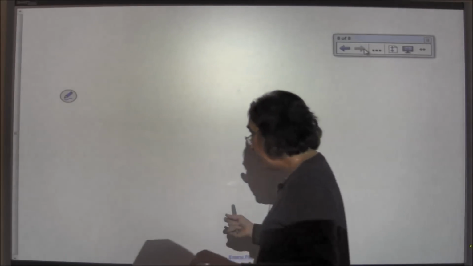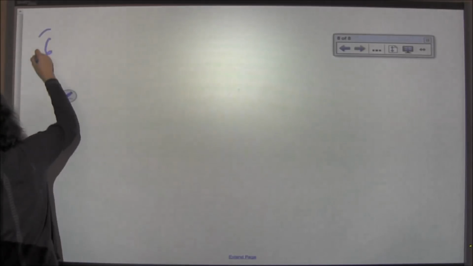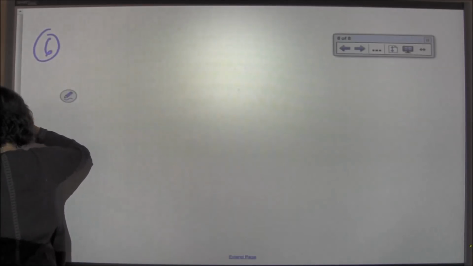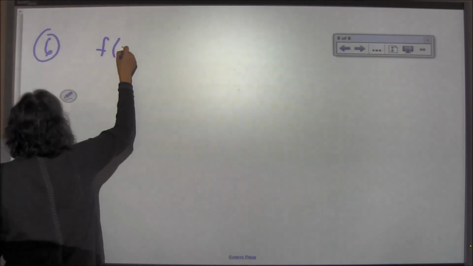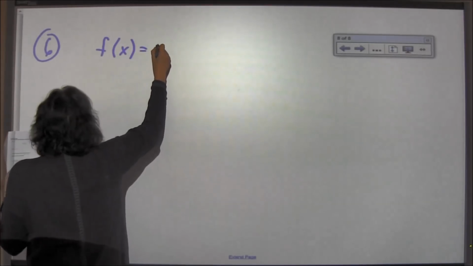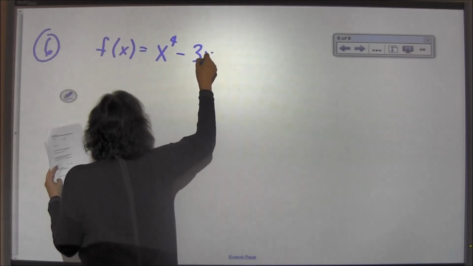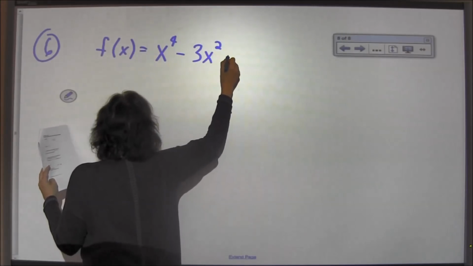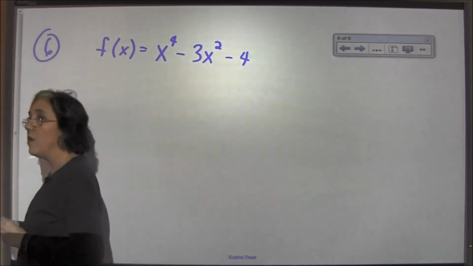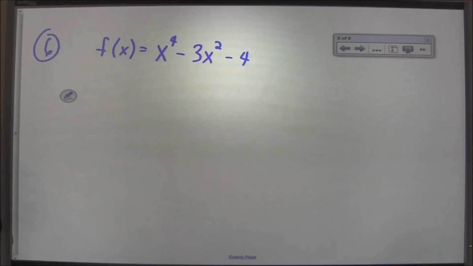All right. Number 6. It's easy to mix this one up, or to forget something on this one. This is a 4th power. And when you all got to the 2nd unit in this course, we started talking about complex solutions.